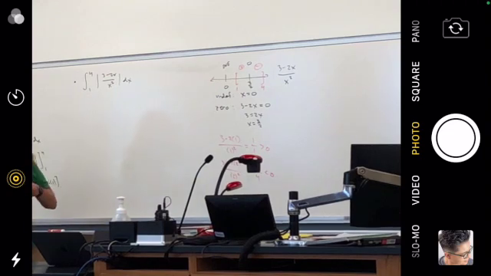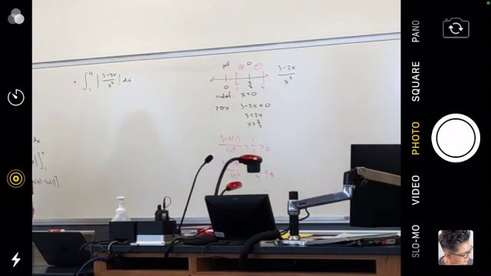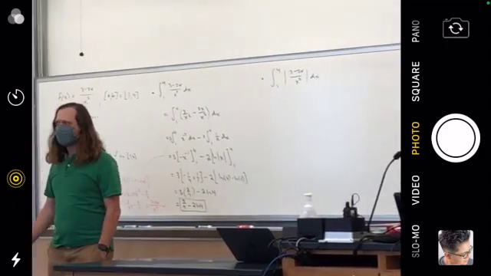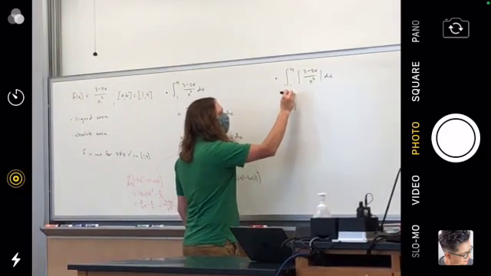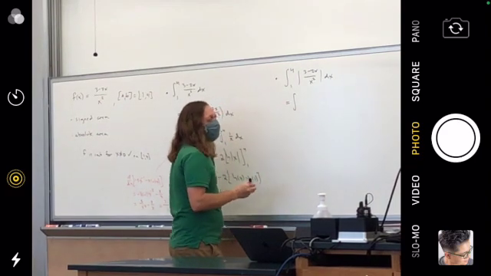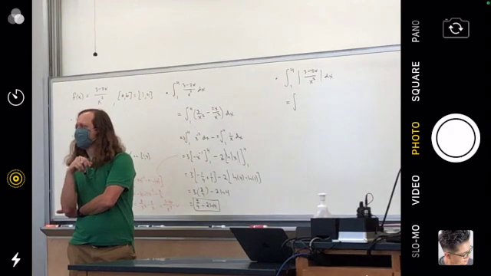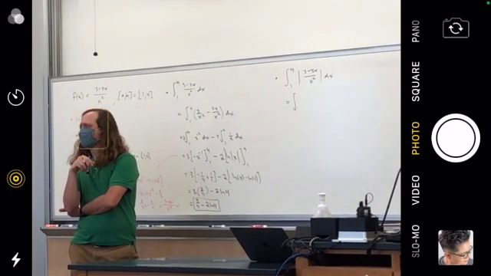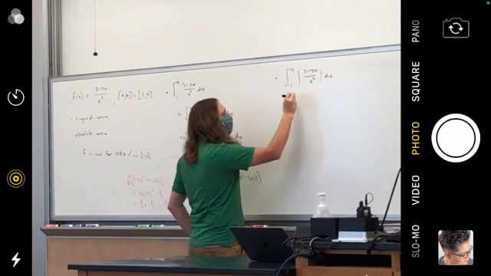So then, how do I get rid of my absolute value? If my function is positive, do I need the absolute value? No. So when am I positive? I'm positive from 1 to 3 halves.